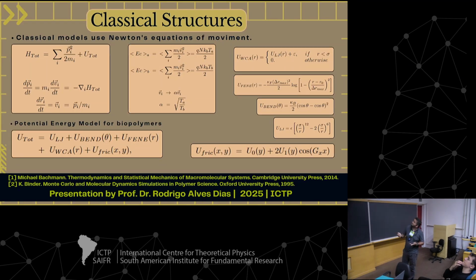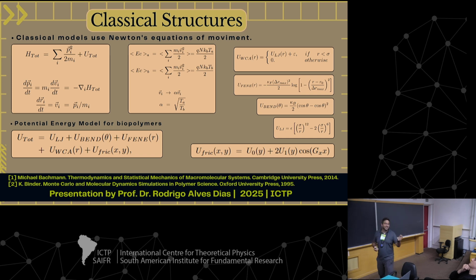Here it's the boring stuff. I created a classical molecular dynamics simulation. We use the main potential force fields related to polymers. The only thing that is different here is a potential related to friction.